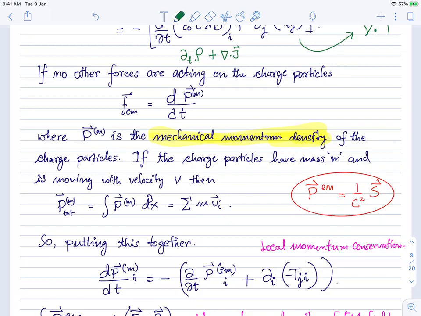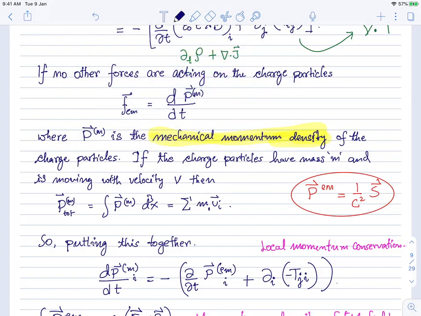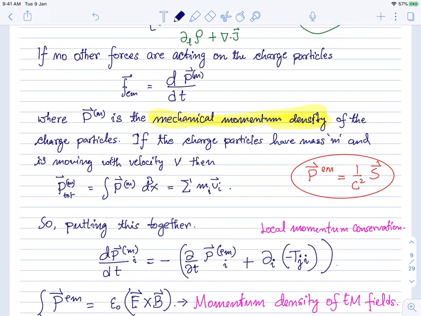If the masses of the charged particles are different, then you can also put an I index here. So this is the total mechanical momentum in the charge configuration which experiences the force, and it can be written in terms of a momentum density integrated over volume.